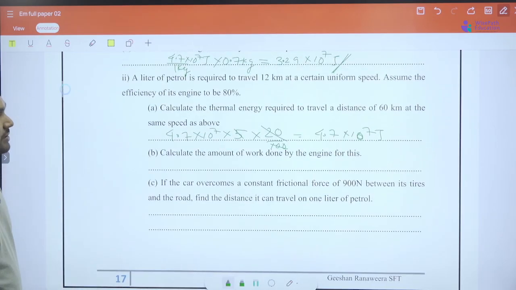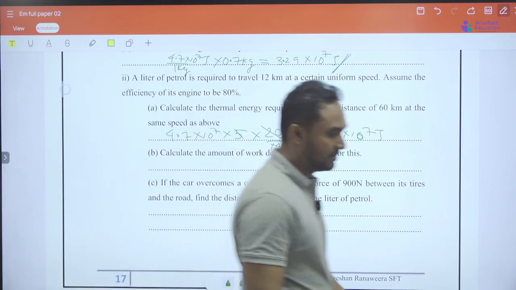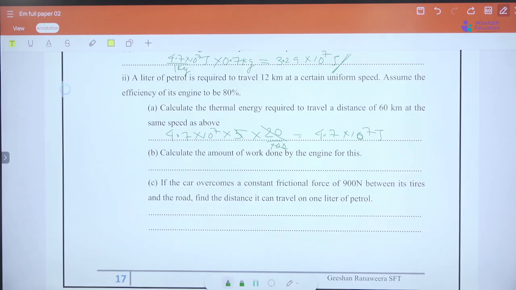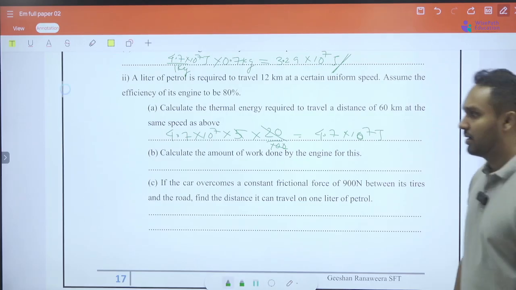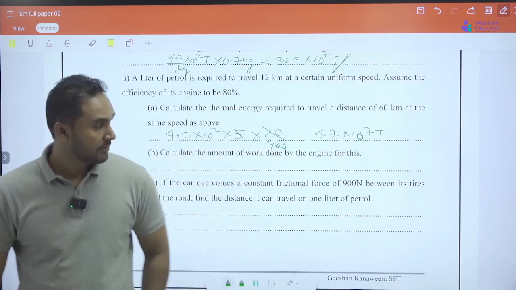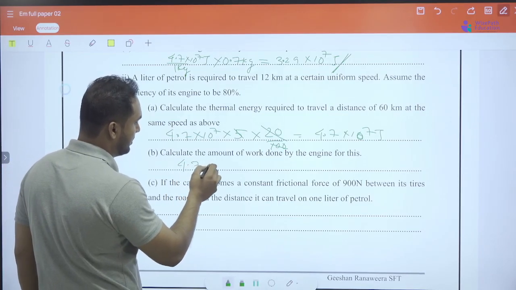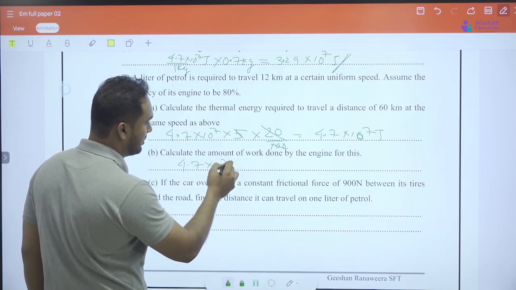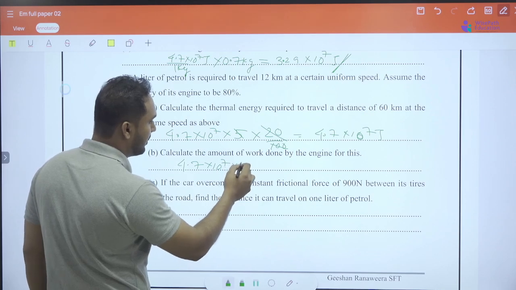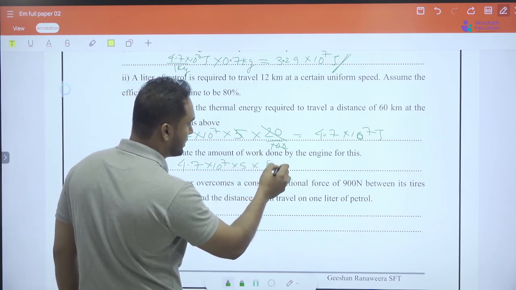Calculate the amount of work done by the engine for this. That is the 80%, isn't it? So you have to calculate the 80% of this. So that will be 4.7 into 10 to the power 7 into 5 into 80%.